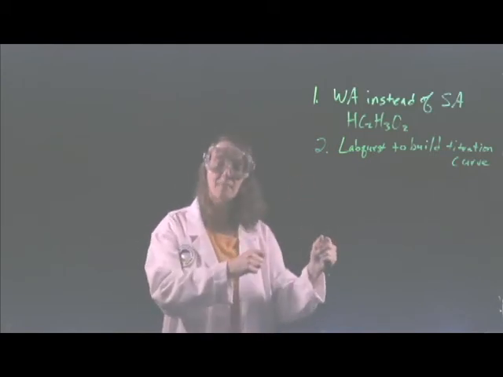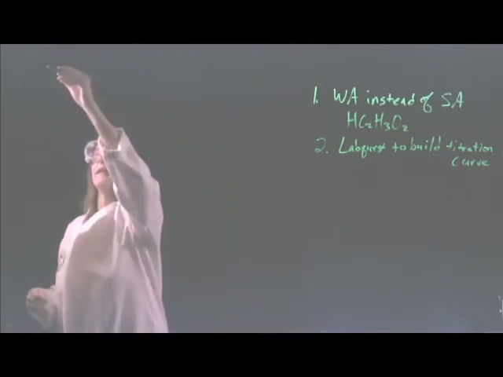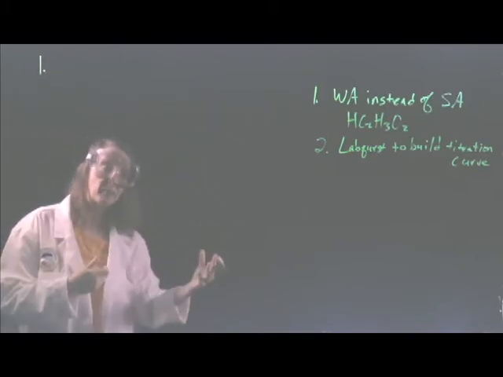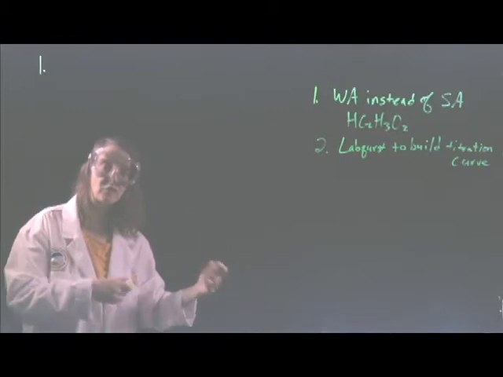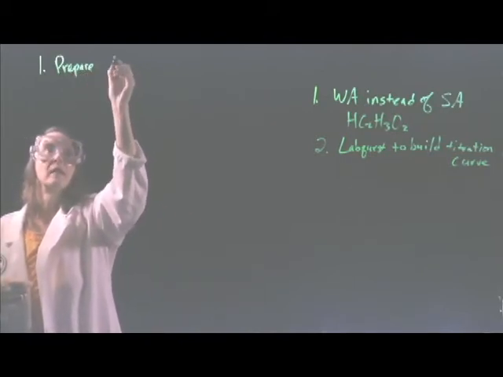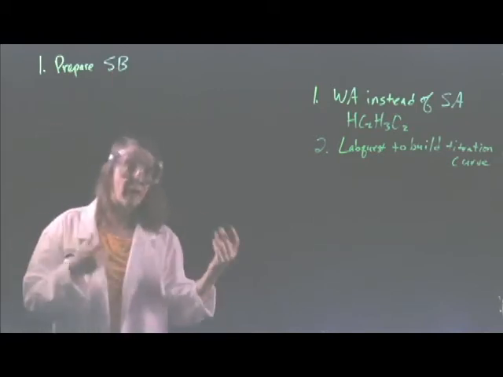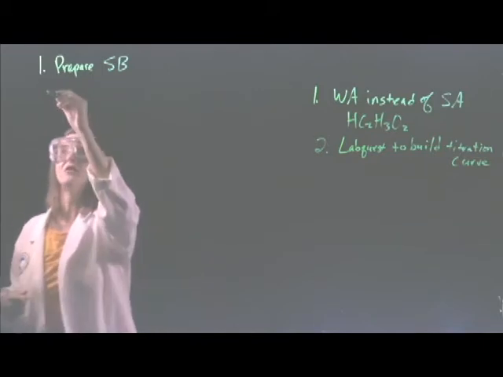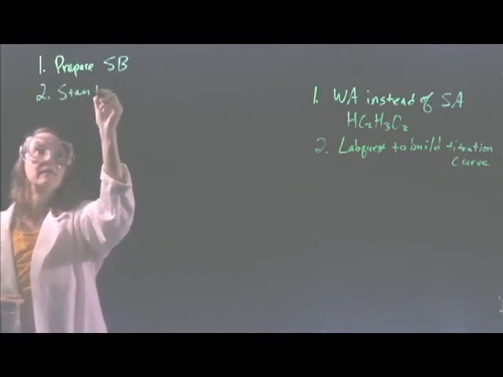If we look at the steps of what we're doing this week, first of all, same thing that we did last week. We have to prepare the sodium hydroxide solution for the titration. Prepare strong base, and you have to dilute it from a more concentrated solution, and then you have to standardize it.